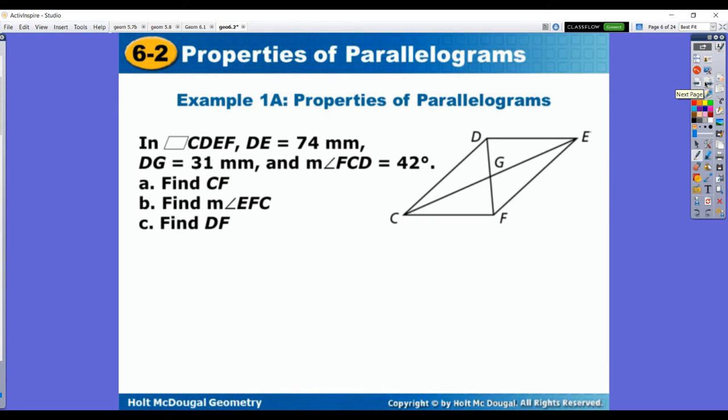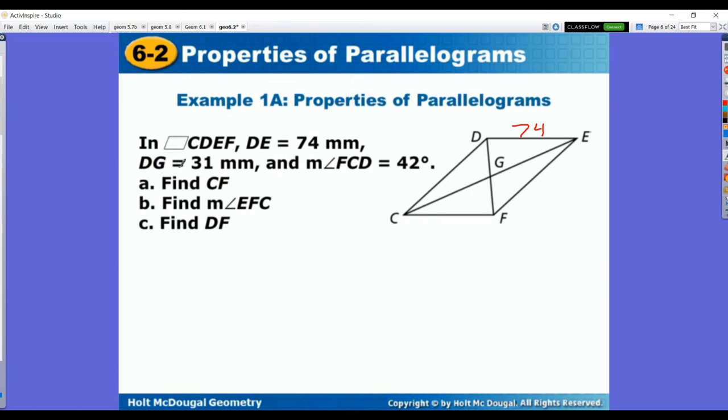All right, so here's the first one we've got. They're giving us this parallelogram over here. It's parallelogram CDEF. They're giving us some pieces of information about it. We're told that DE is 74 millimeters, so we can go ahead and label DE as 74.